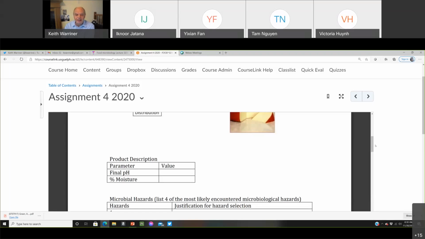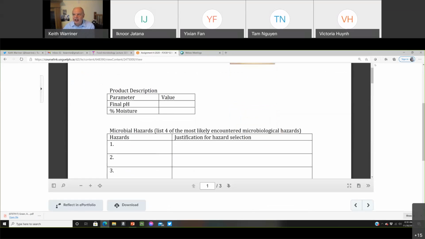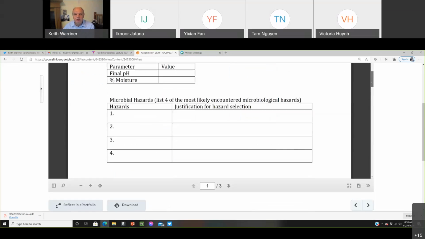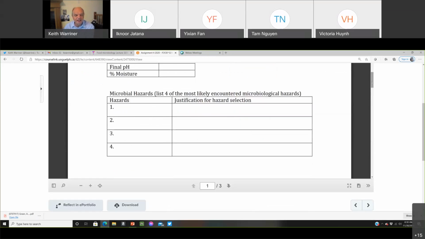So you go on the internet or to your favorite cheese book and you find out the percent moisture, because you'll need that for the characterization, as you probably know. But then after that, you can go and try to identify the microbial hazards. I was going to ask if anybody wants to have a guess at one, but I don't think anyone will reply to me anyway.